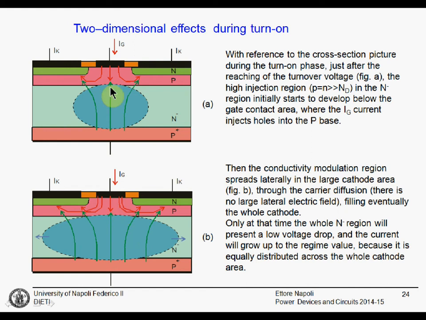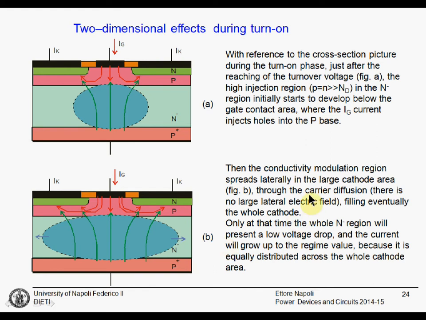It's like we are activating just this small thyristor here, not the entire very large area thyristor. When the first region is activated, there is a lateral spreading of the carriers that move in this direction and in this direction. And while they move, further areas of the device are activated. And finally, the entire device will be on.